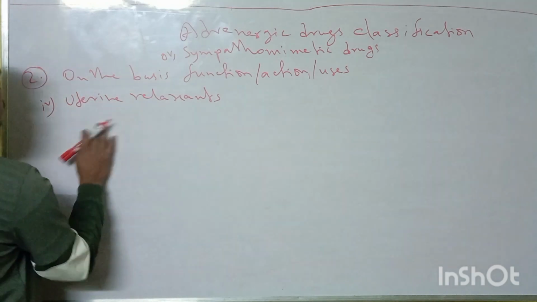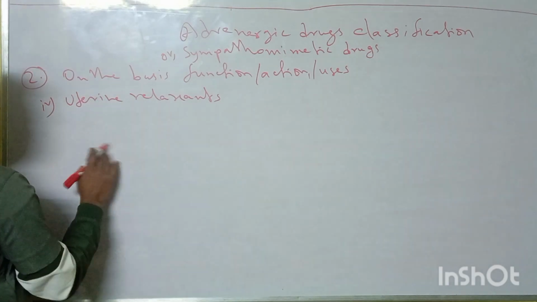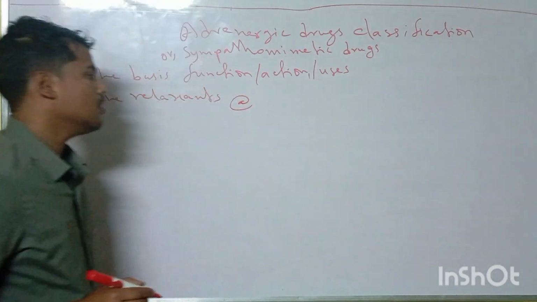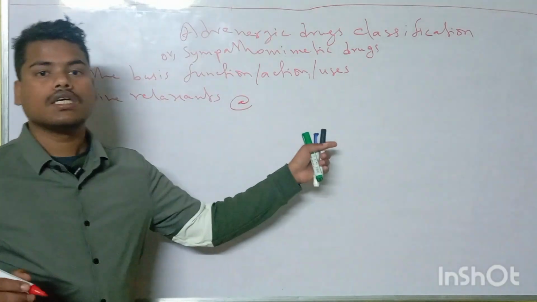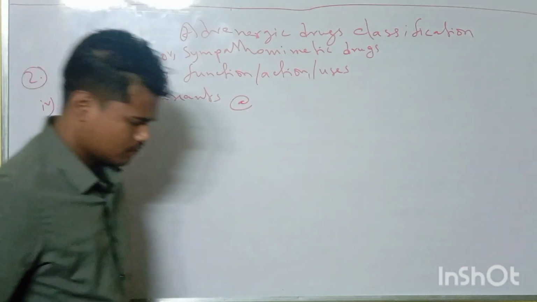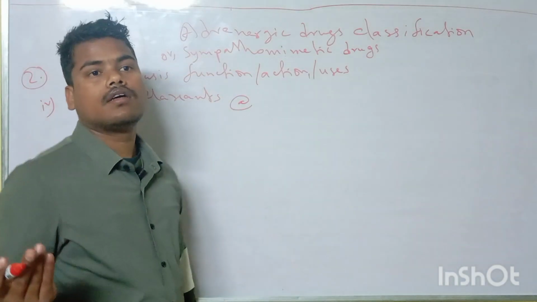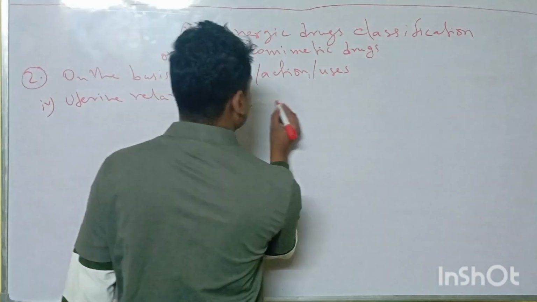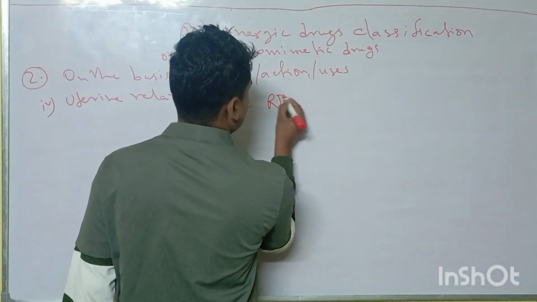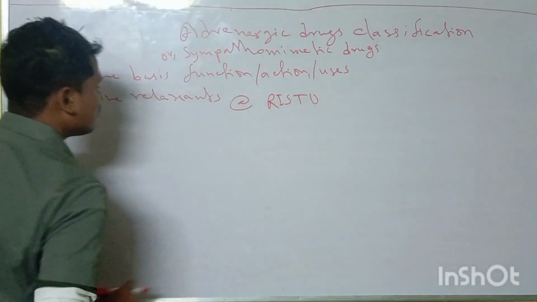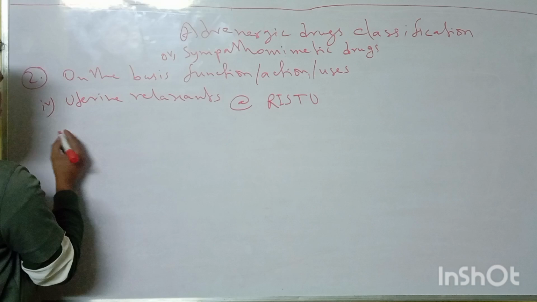Example will be, also remember this fact. Let's suppose one of your friends' name is Rista and you call her Ristu. So remember it as Ristu. What does this mean?